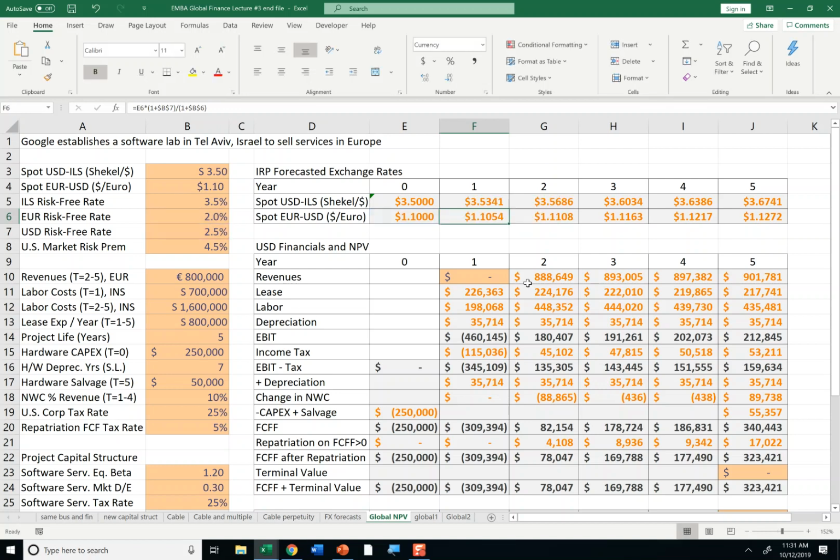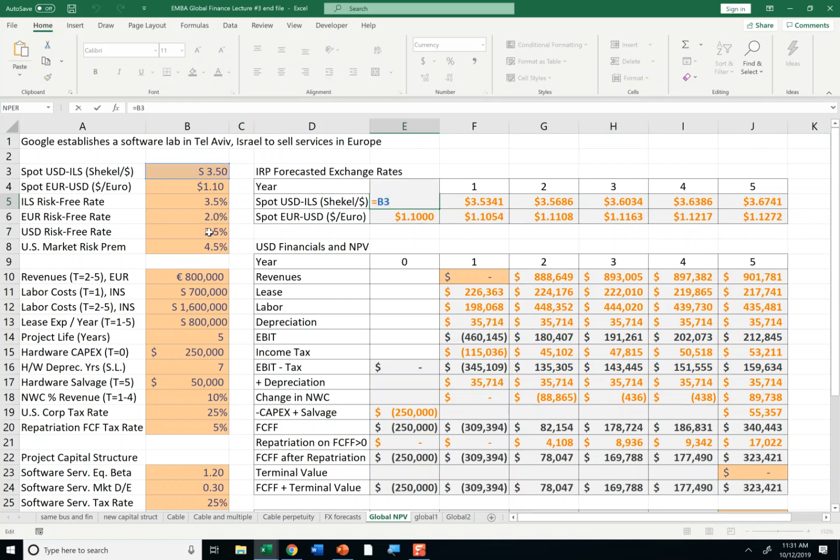Looks like the euro is going to appreciate from $1.10, but it's not changing much. It's about 0.5% per year going up, which makes sense because the euro has 0.5% lower interest rates. So this is my model to forecast the euro, that interest rate parity formula. You okay?